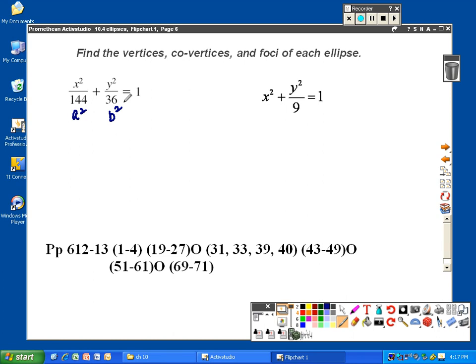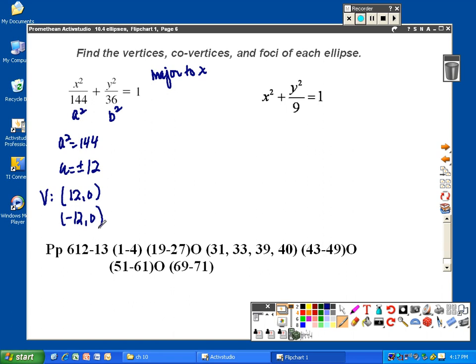So to find the vertices, since it's major to x, they're going to be on my x-axis. So since a squared is 144, a will be plus or minus 12 off of my center 0, 0 on the x. So I'll be adding and subtracting 12 from the x value. That will bring me to 12, 0 and negative 12, 0.